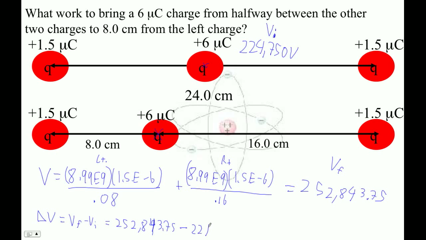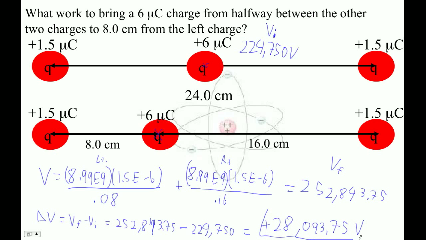Minus 224,750. It's going to be a positive change, right? So that minus 224,750. And I get that it's positive 28,093.75. Okay, that's our change in voltage, right?